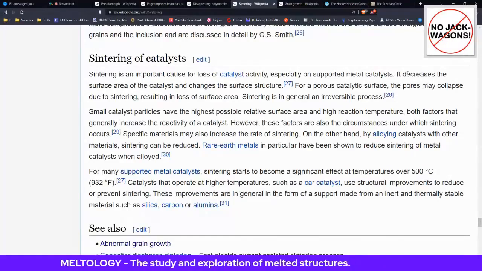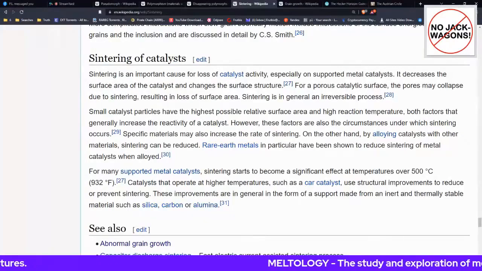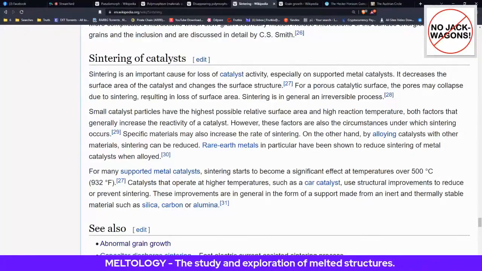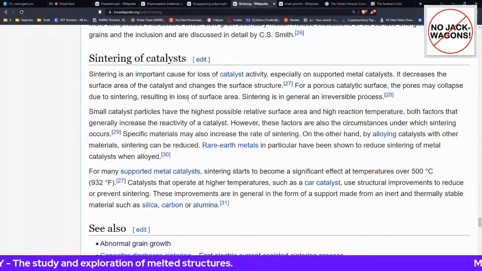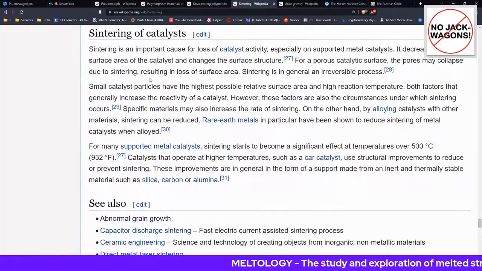They will say it decreases the surface and changes the surface structure. The porousness of the thing can make it different. The pores may collapse due to sintering, like we see in the structures, they collapse and fall over. They lose the surface to bind. And they slide, yeah.